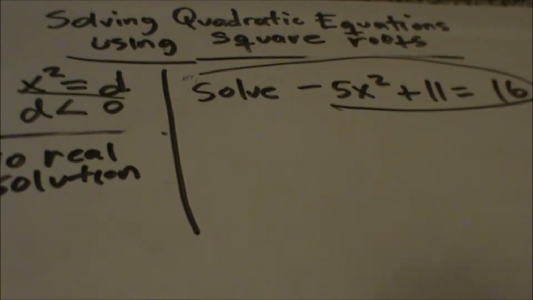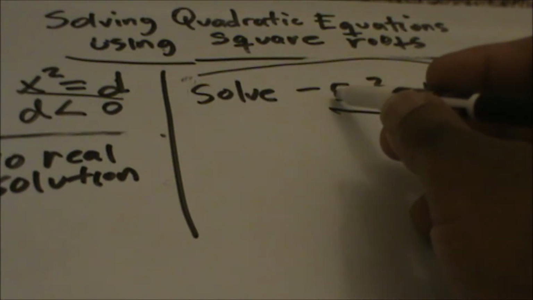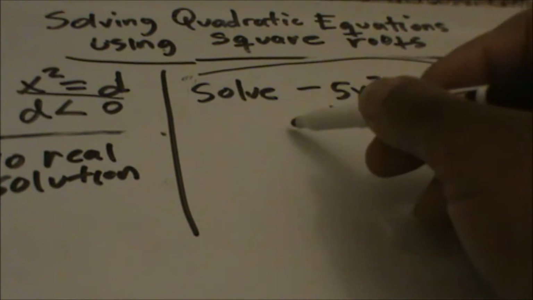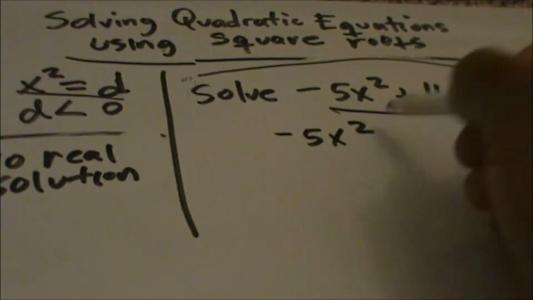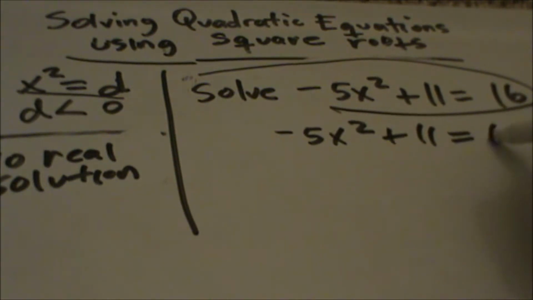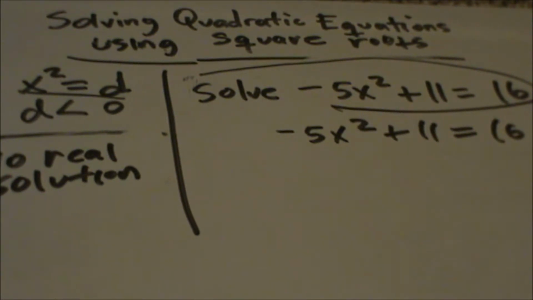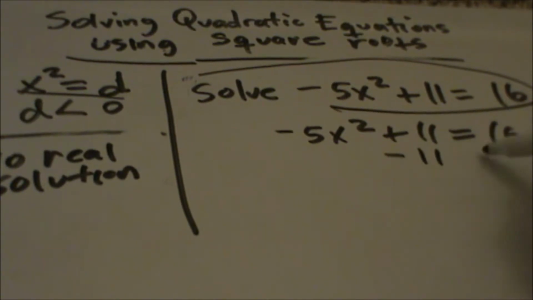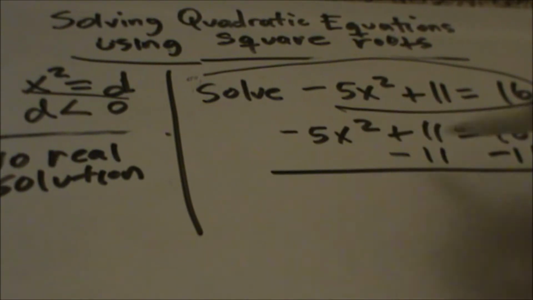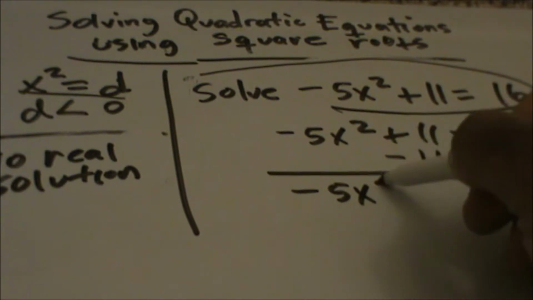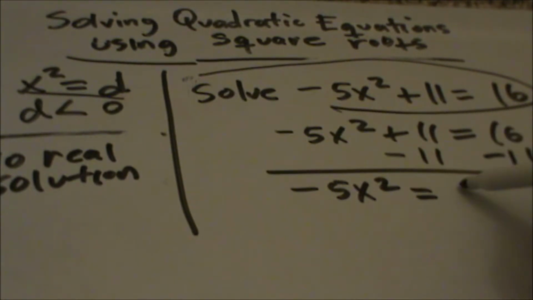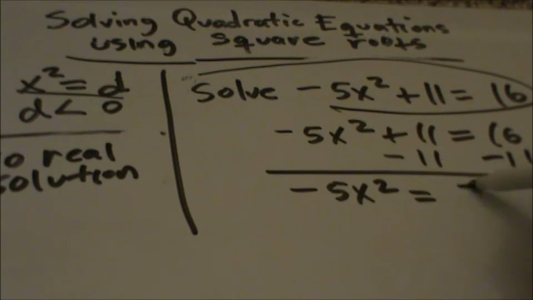We need to get negative 5x squared by itself, plus 11. I'm just writing it over, equals 16. Subtract 11 on both sides. Negative 5x squared equals a positive 5.